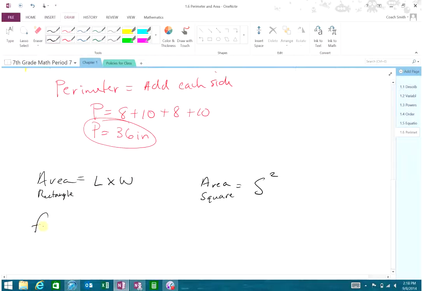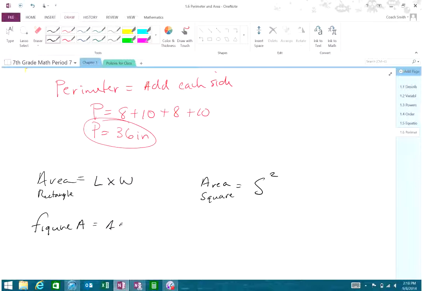If I do figure A, the area is equal to length times width. Well, what is the length of the rectangle that we drew a while ago? No. What is the length, not the perimeter? What is the length of the rectangle? Length means longest side.